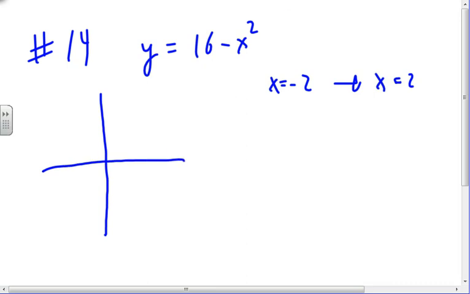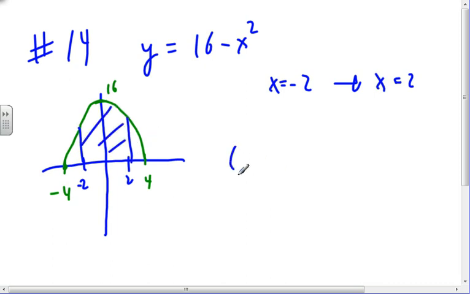When x is 0, y is 16. When x is 4 or minus 4, y is 0. So my curve looks like that. And what I want to find is between 2 and minus 2. So I want to find the area in that interval.